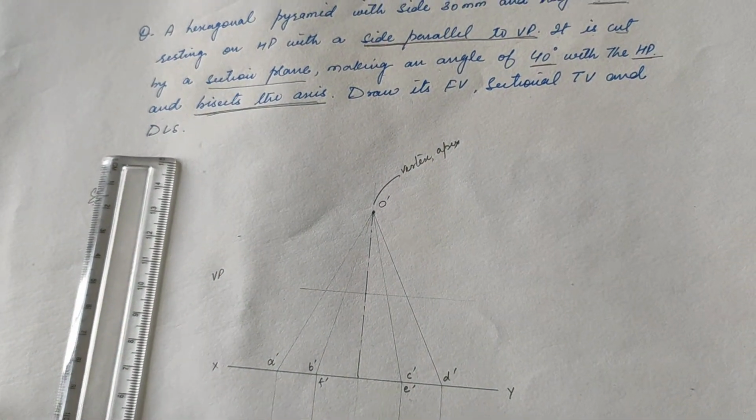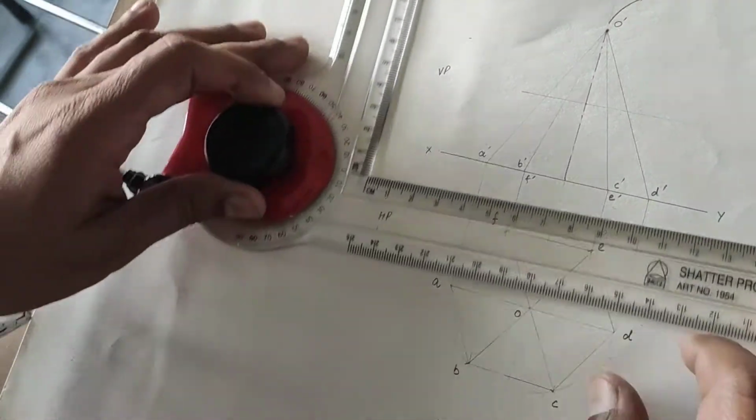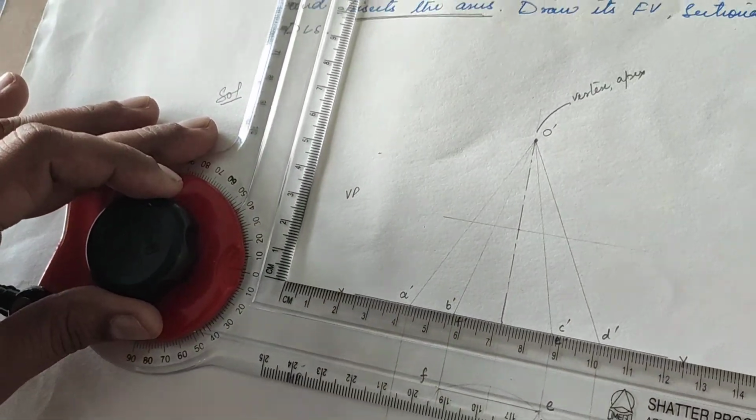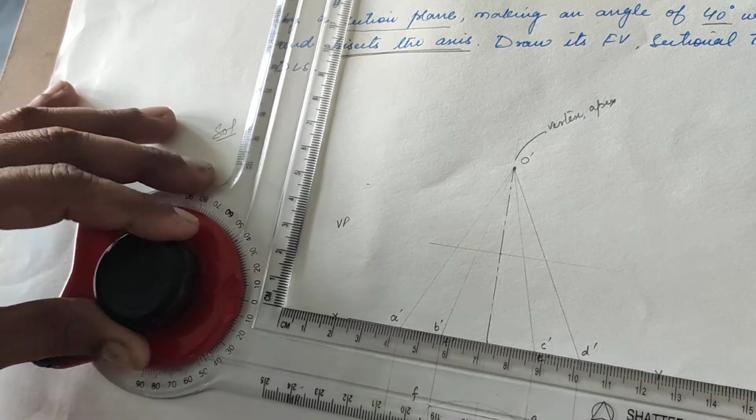Now take an angle of 40 degrees. First of all, check the error in the drafter. It is 1.5 degrees.